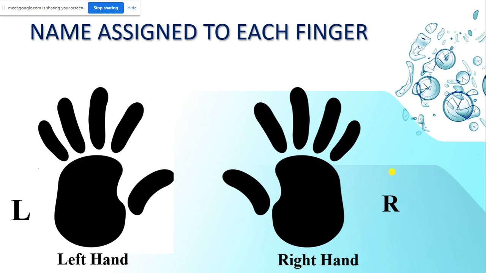So if we take the left hand and the right hand, Henry's 10-digit classification system considers all the 10 fingers on our hands, and it begins from the right hand. So we have RT, which is right thumb, RI, which is the right index, RM, which is the right middle finger, right ring finger, and right little finger. These are considered first.